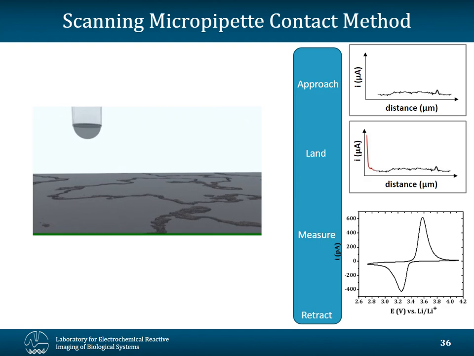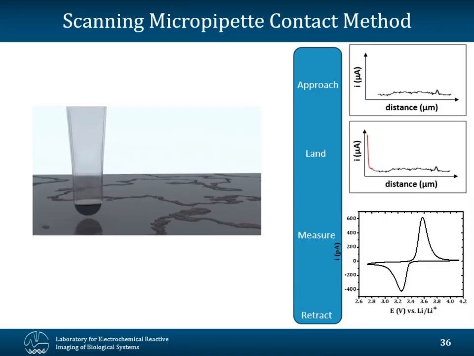So the principle behind the method is that you have this hanging drop at the end of your pipette and you bring it onto a surface, carry out your electrochemical process, and then you can move it along the surface.